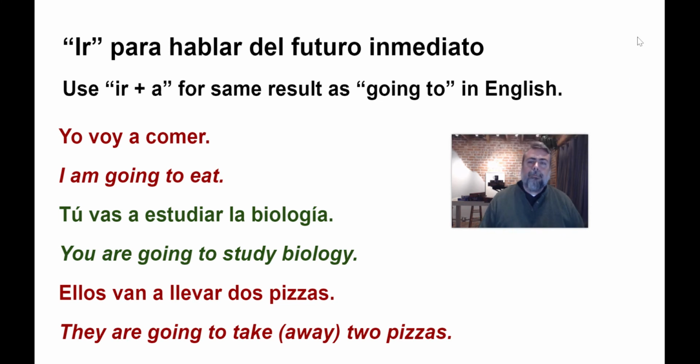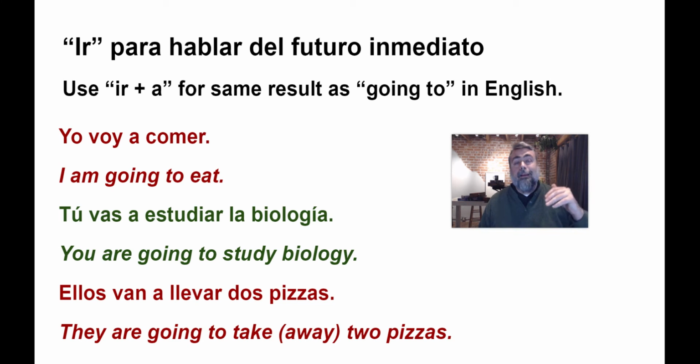So, use ir plus the word a, go to, for the same result as going to in English. What do I mean by that? You can say, I am going to eat, word for word, to talk about the immediate future. And if you name the time, you can even talk about a future that's more distant, right?